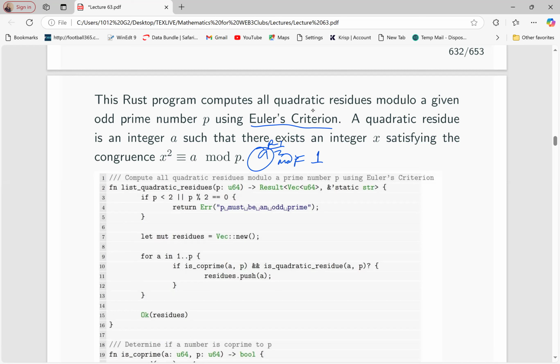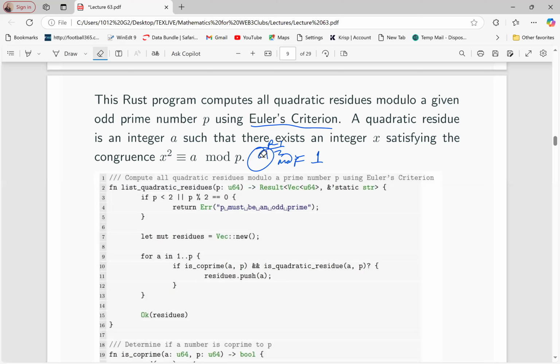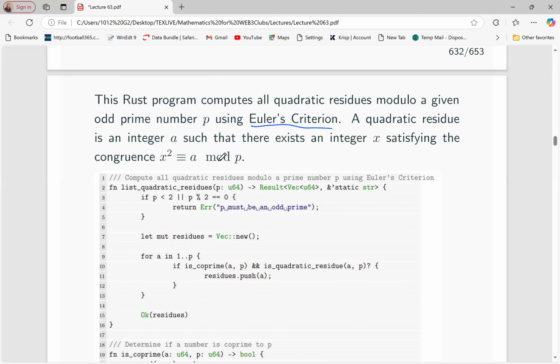And so those are the formulas we're supposed to be seeing here, because that is what we are using, Euler's criterion. I began by saying that our P shall be an odd prime.